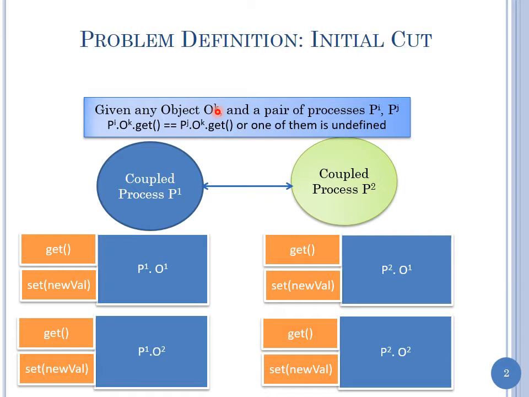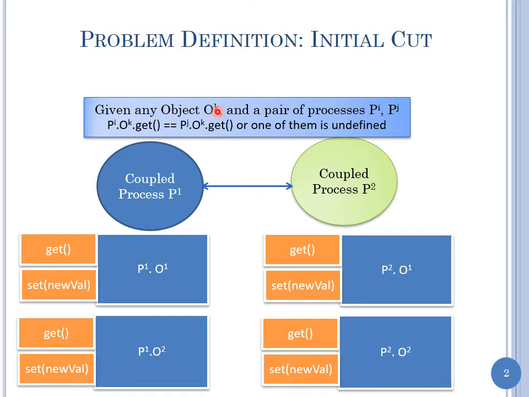And the guarantee that we want is consensus. And we can say that if we take any piece of replicated state, and take any two paired processes, Pi and Pj, then if we try to read the value of that replicated object in process Pi, that value should be equal to the value in process Pj. So if process Pi and Pj are P1 and P2, then P1.O1.get should be the same as P2.O1.get.